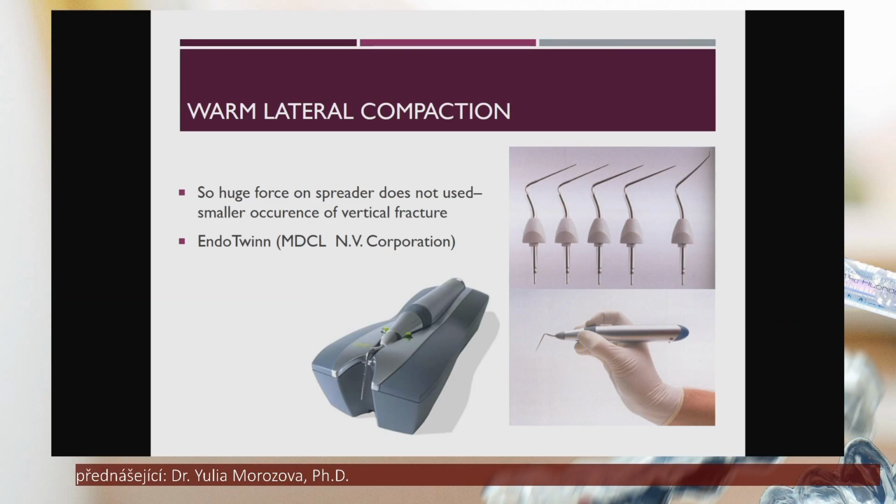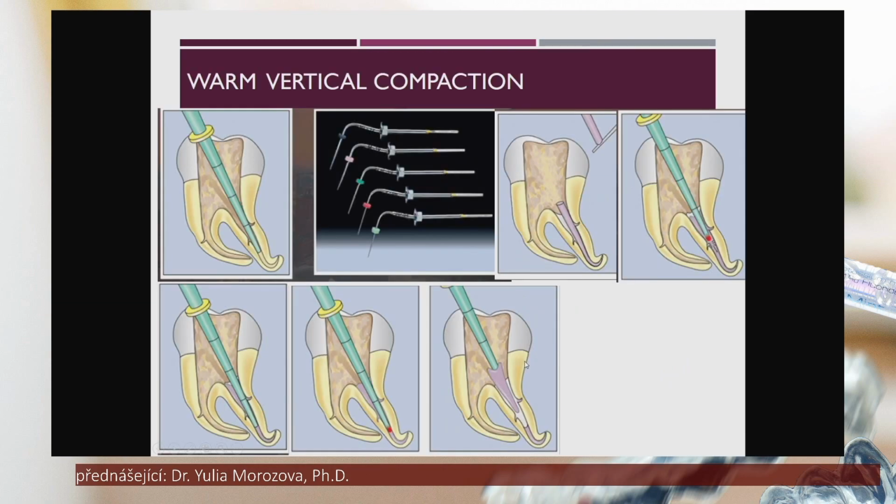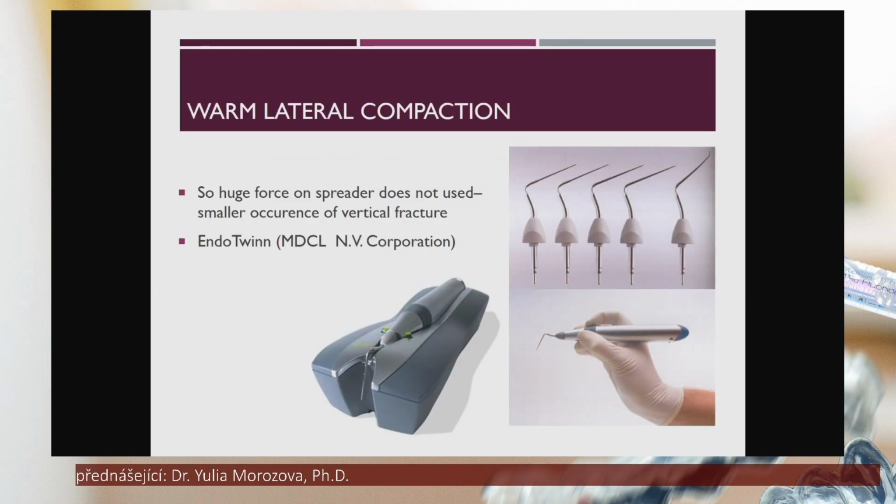The use of a special device is required, like we can see here, for example, the Endotwin system that provides heating of the spreader, a so-called hot spreader. In principle this is the same, but the main difference is that this spreader is able to be hot, and so it provides the application of heat onto the gutta percha during the lateral compaction.